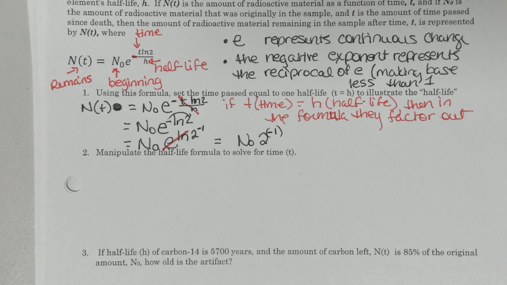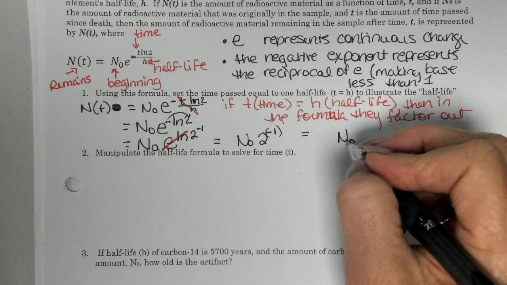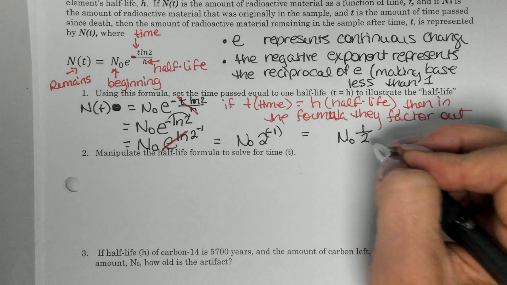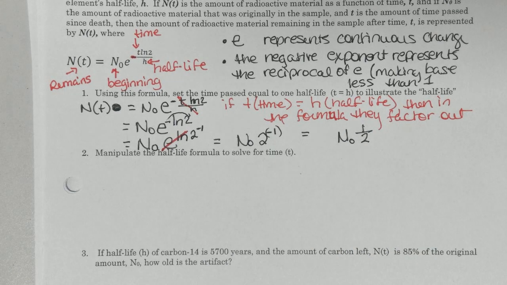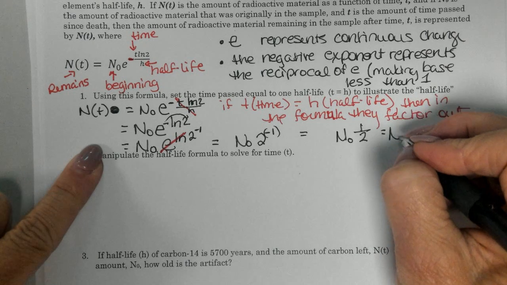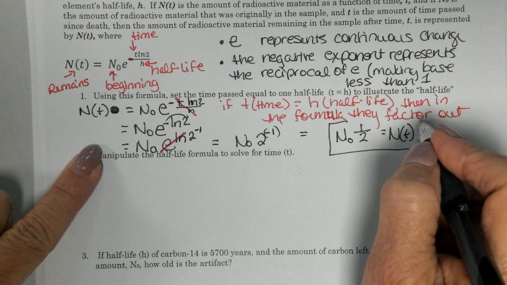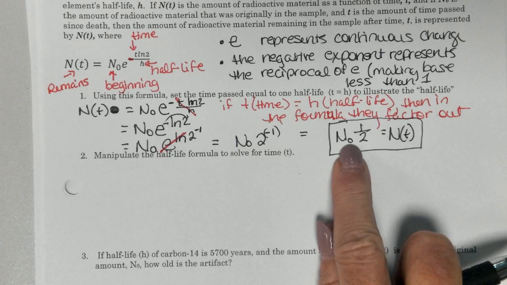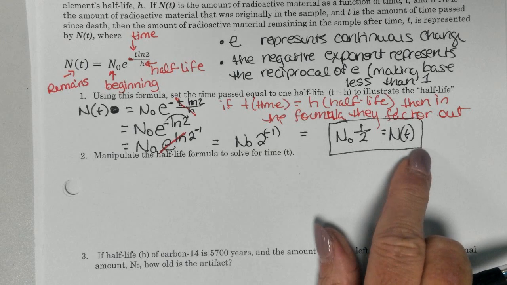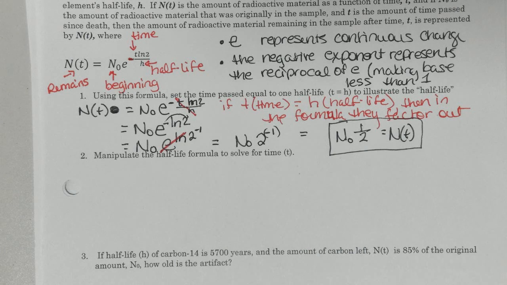How can we express that so we don't have a negative exponent? 1/2. That's right. So what we start with times 1/2 is equal to what remains. 1/2 of what we started with is equal to what remains. That is just expressing the half-life.